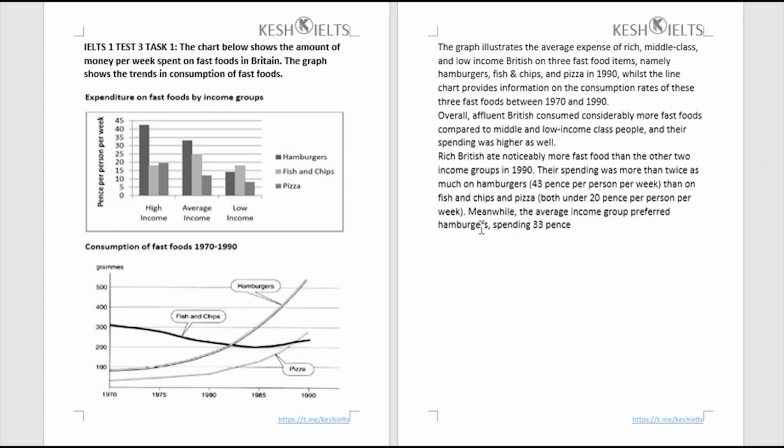So if you've learned this grammar, you're gonna get a higher mark, obviously. I have to tell you that I believe this. Followed by fish and chips, 24 pence, and pizza 11 pence.